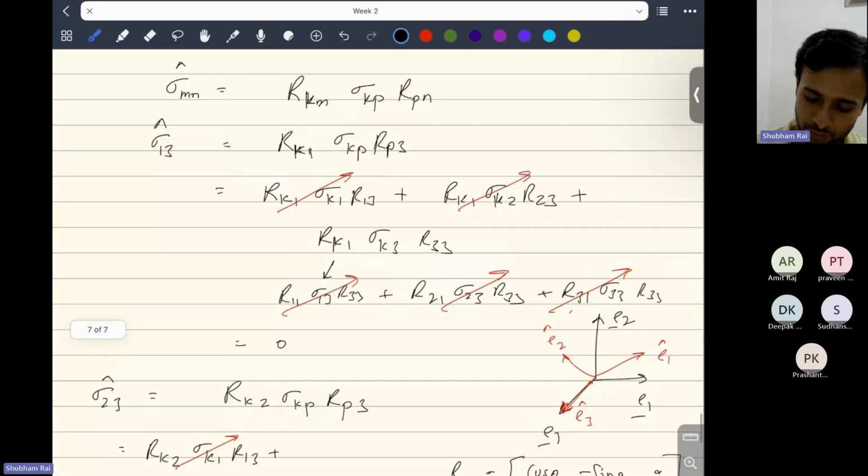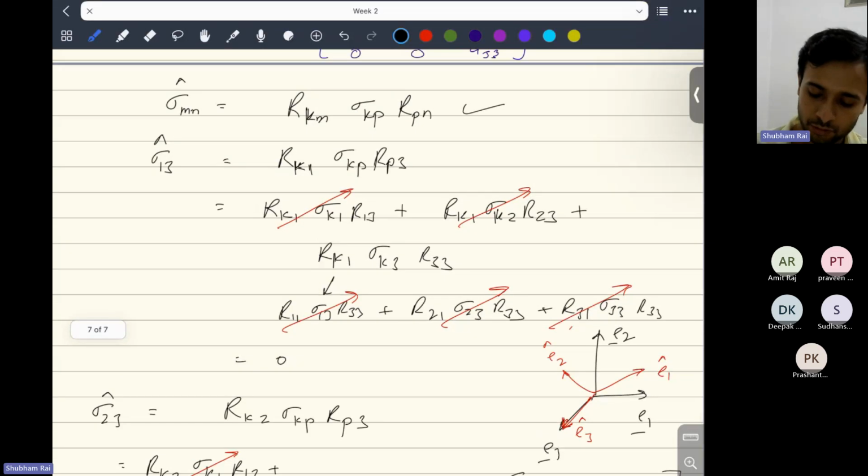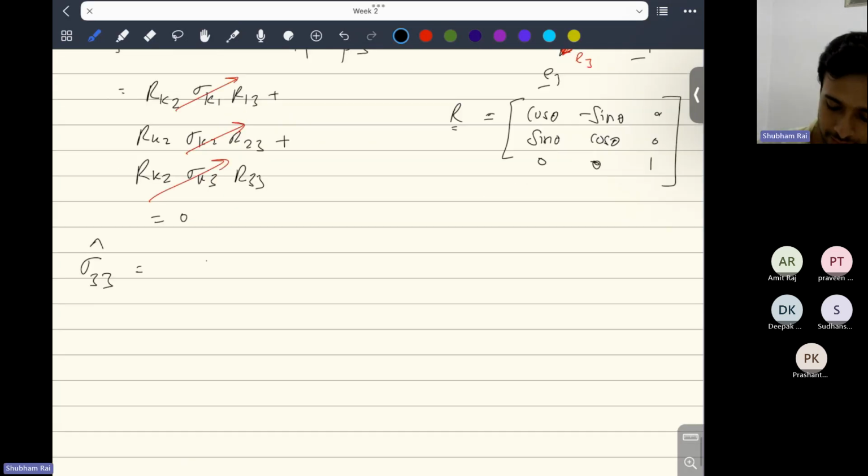Now I put m equal to 3 and n equal to 3 in this formula. So you'll get R_K3 sigma_KP R_P3, where there will be a sum.